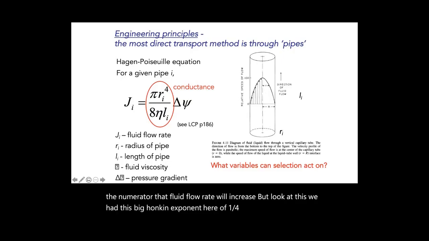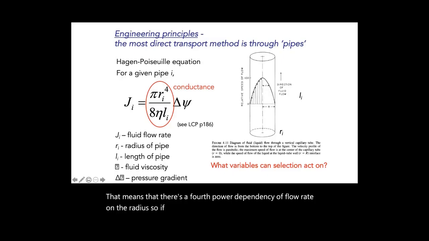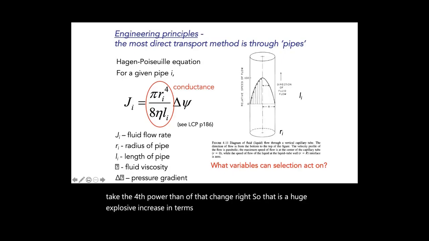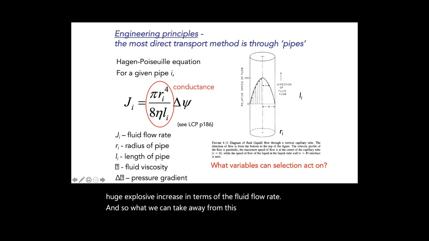That means there's a fourth power dependency of flow rate on the radius. So if you double the radius, you have to take the fourth power of that change, right? So that is a huge explosive increase in the fluid flow rate. And so what we can take away from this is basically that tubes that are bigger in terms of their radius conduct fluid at a much faster rate.